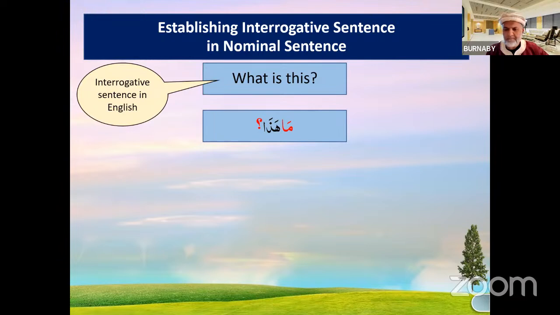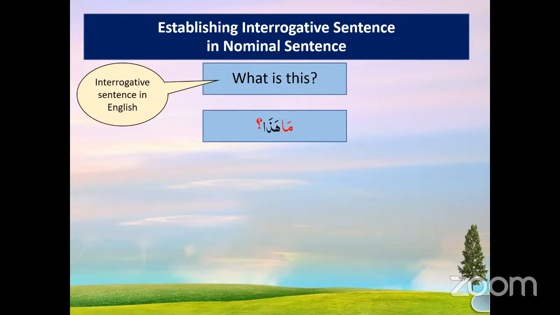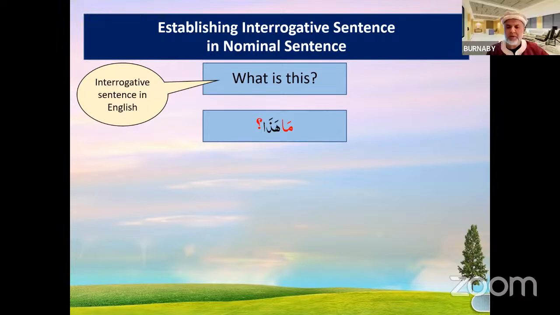So you're not going to think in the normal technical sense about the nominal sentence, the way we have learned from the beginning. Ma haza is "what is this?" It's a nominal sentence in the question form. We'll just stay with that and move on.